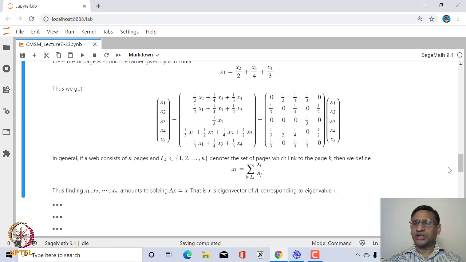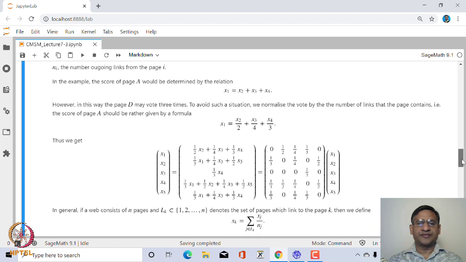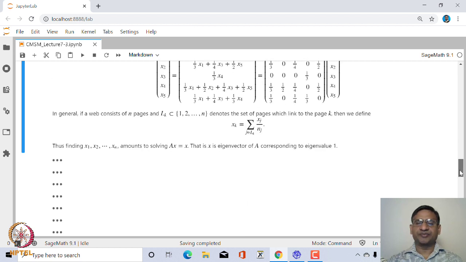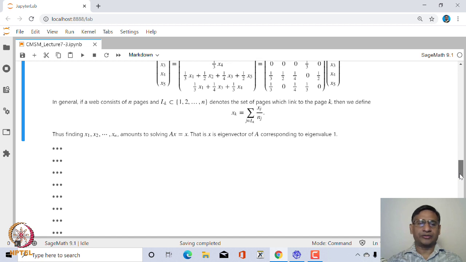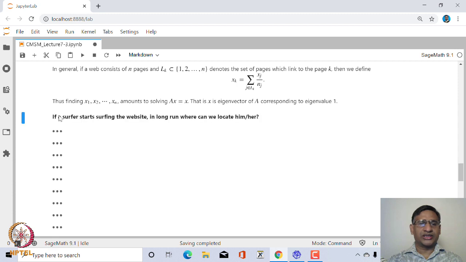So actually the problem of finding the importance of any web page is equivalent to finding the eigenvector with respect to eigenvalue 1, and you can show that this stochastic matrix always has 1 as an eigenvalue. So let us look at this again.